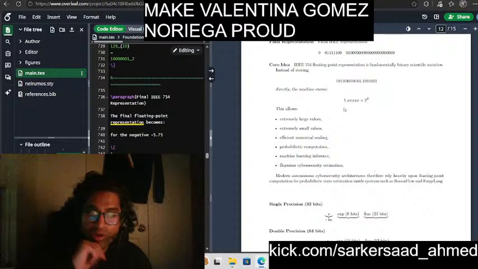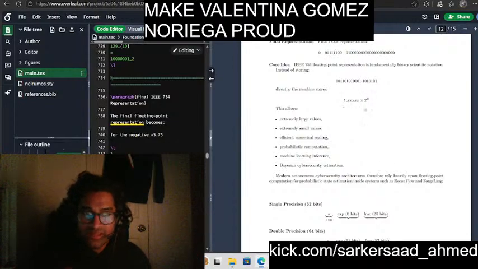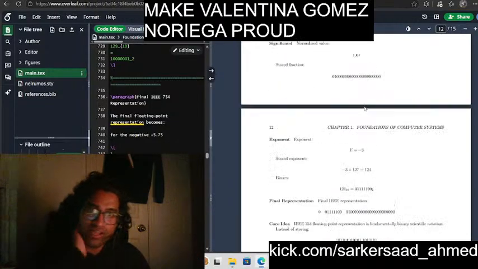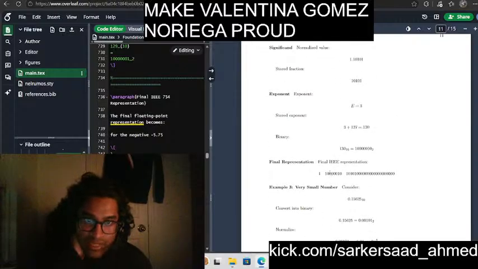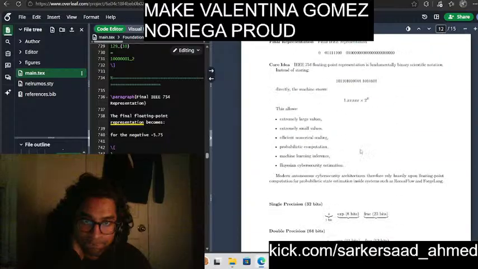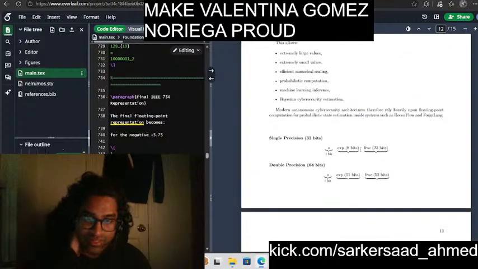So 1 point whatever the value is times 2 to the power whatever the exponential value is. And single precision is 32 bits.